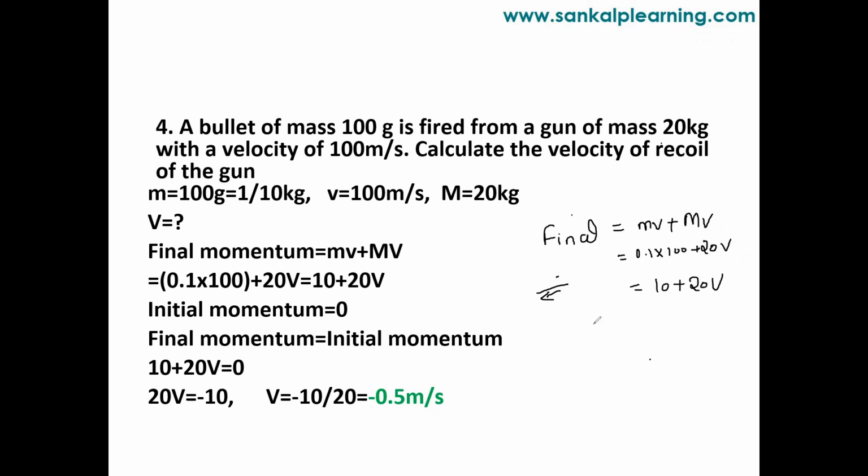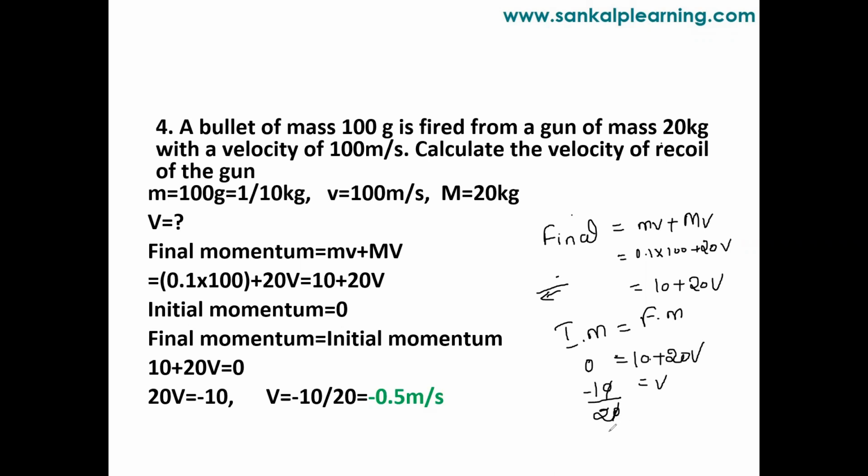This is final momentum. What is conservation of momentum here? Conservation of momentum is nothing but initial momentum is equal to final momentum. Now what is initial momentum? Before the fire, both will be at rest. Therefore, the initial momentum will be 0, equal to final momentum, which we have written as 10 plus 20 into v. Therefore, v is equal to minus 10 divided by 20.